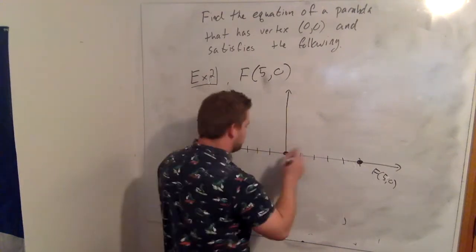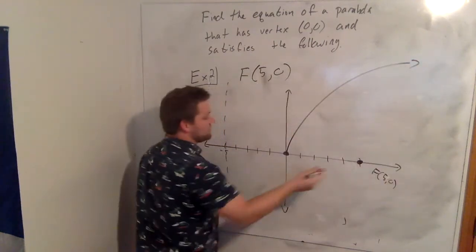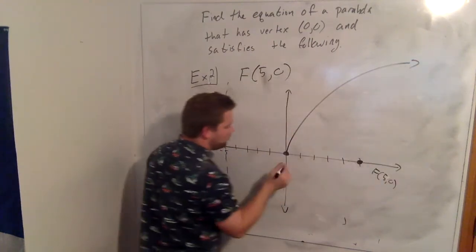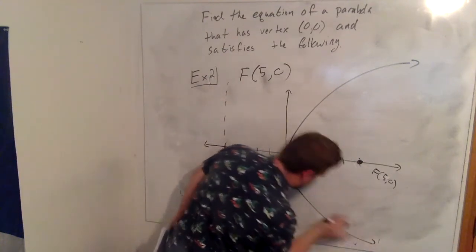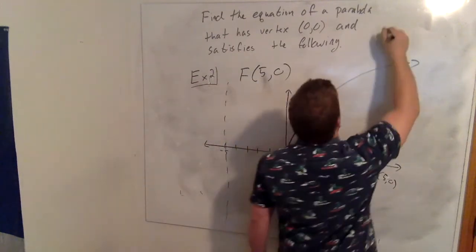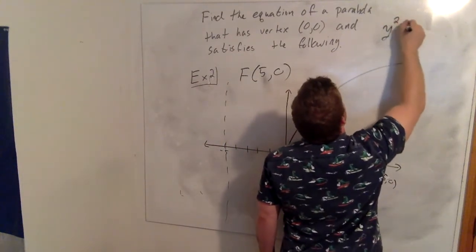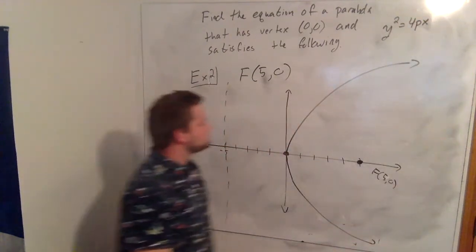I'm not going to draw it precisely, but we know that the focal point will always be inside the parabola. So I know that the parabola is going to open up to the right. So right off the bat, we know that this will have the equation y squared is equal to 4px.